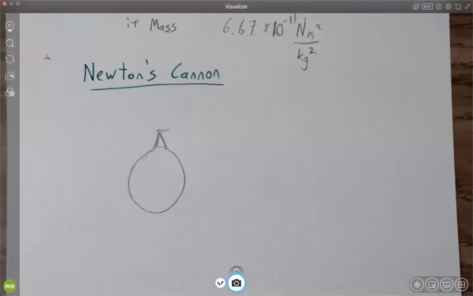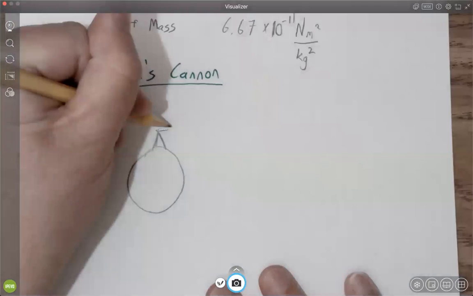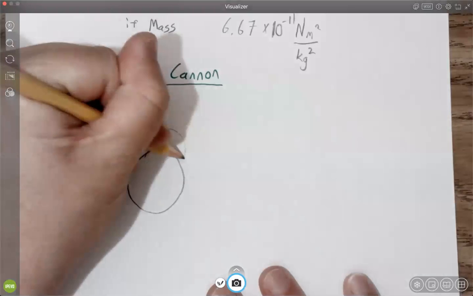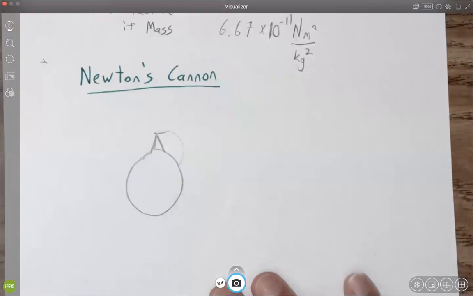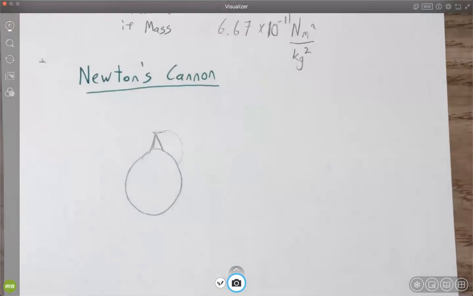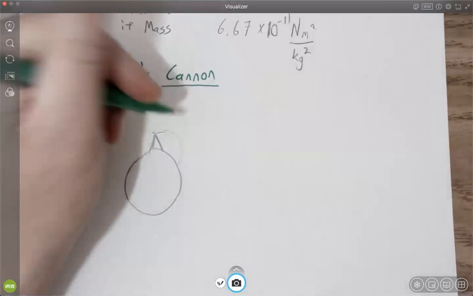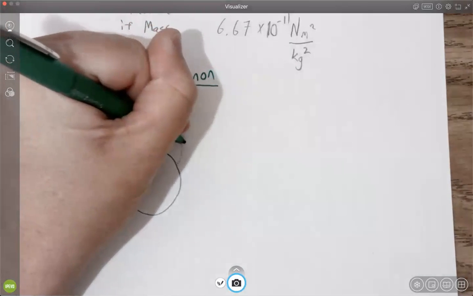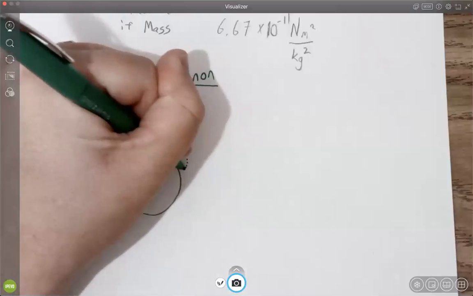And I can take this cannon and I can shoot a cannonball. And when I shoot a cannonball, it's gonna fall down to the Earth. I can do my next shot with my cannon and I can shoot it faster. If it goes faster, it goes farther, but still falls down to the Earth.